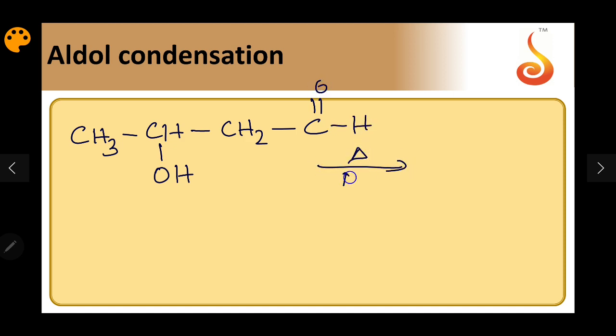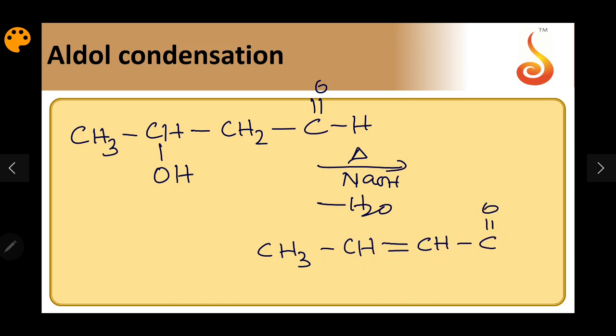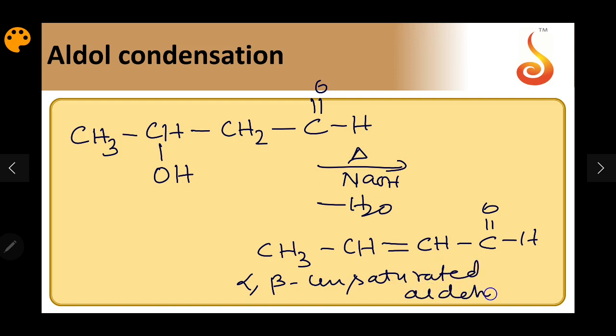On heating in the presence of NaOH, it loses water, forming CH3CH=CH-CHO. This is an alpha beta unsaturated aldehyde or ketone.